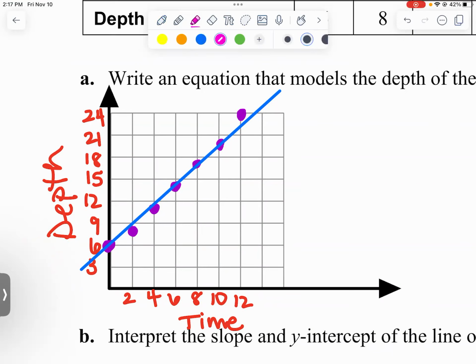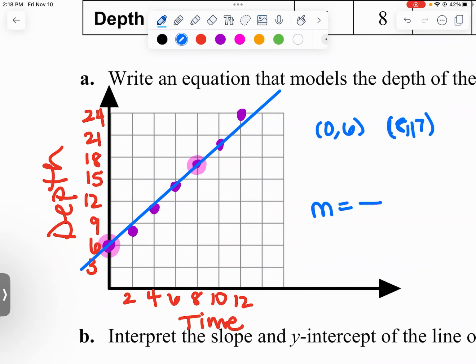But let's just take the 2 points that we kind of drew our line through. Like these two right here. This is 0, 6, and this is 8, 17. So what would our slope be between 0, 6 and 8, 17? It'd be 11 over 8.